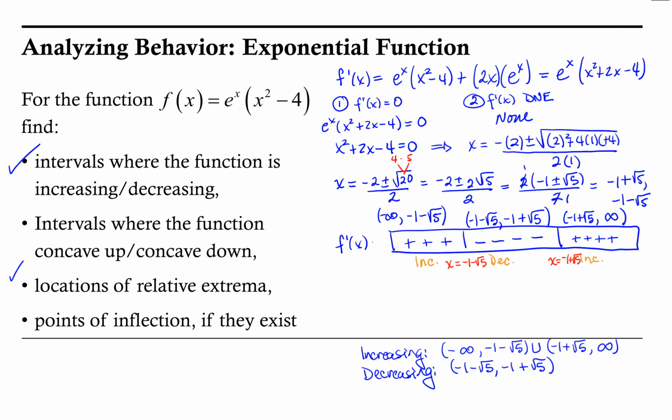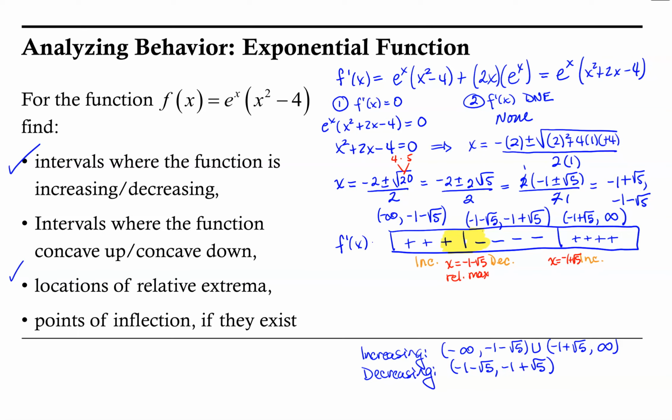And we notice that at the critical point -1 minus square root of 5, our function changes from increasing behavior to decreasing behavior, which indicates by the first derivative test the existence of a relative maximum.